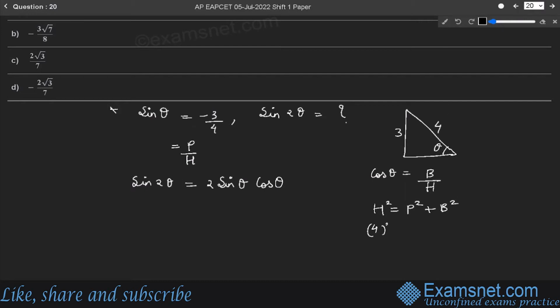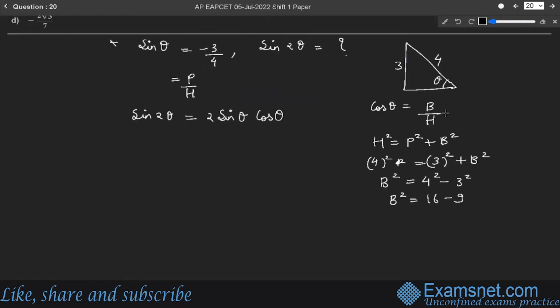It will be 4 square is equal to 3 square plus b square. So base square will be equal to 4 square minus 3 square, which is 16 minus 9. So b square is equal to 7, so b is equal to under root of 7. Therefore the base is under root of 7.